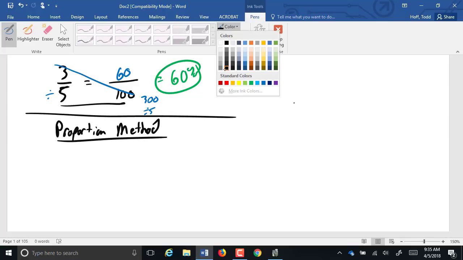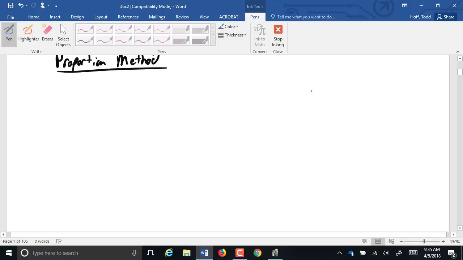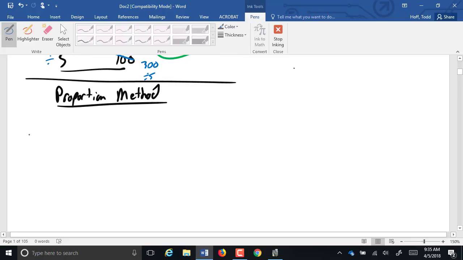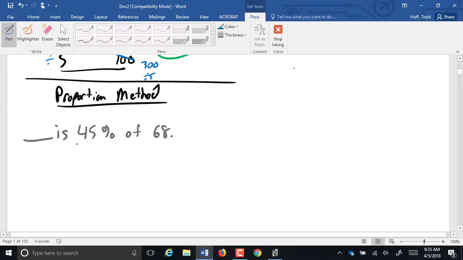So for the proportion method of percents, we might have a simple problem like blank is 45% of 68. So when we're dealing with percents, we always start with the percent. So you got 45% is 45 out of 100.